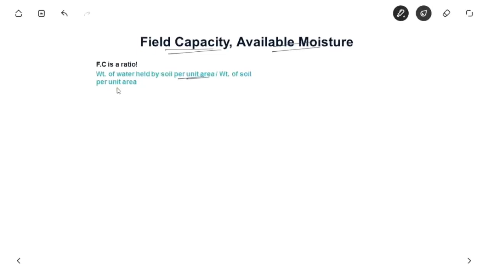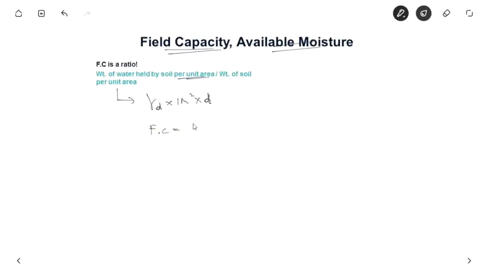Let us say it is denoted by gamma_d, as I told you earlier, the dry density multiplied by volume, and 1 meter square. So it is basically gamma_d into D, where D is the root zone depth. Gamma_d is the dry unit weight, and D is the root zone depth.